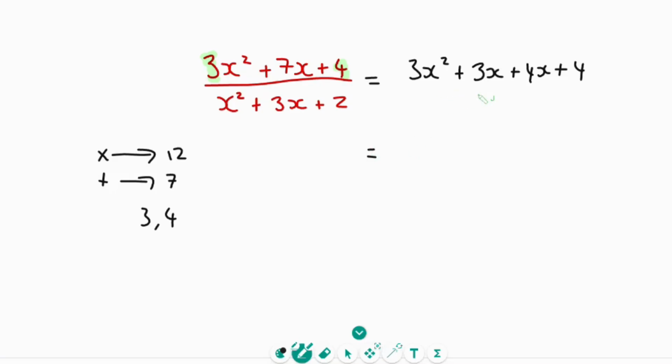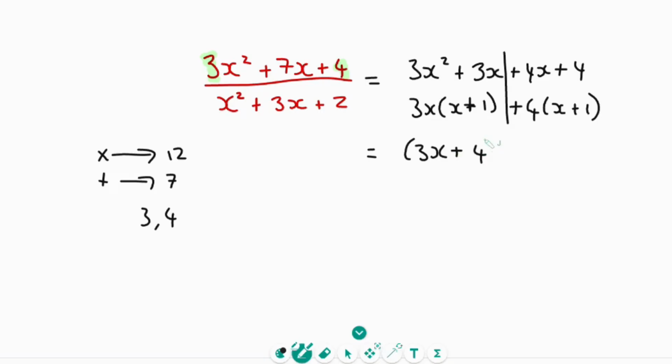Then we factorise into a single bracket, 3x bracket x plus 1, and then 4 bracket x plus 1. We're looking for the same term in each of these brackets, which we have. The answer is 3x plus 4, by gathering these terms together, and x plus 1.